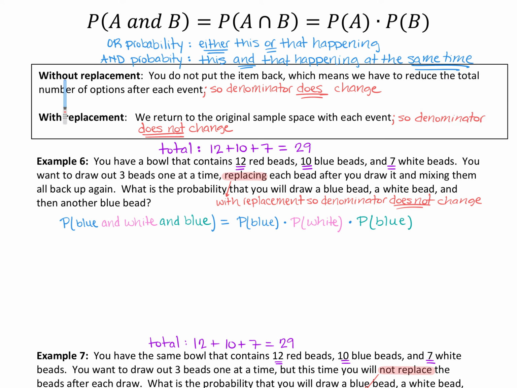One is without replacement, so you don't put the item back, which means the denominator, when you're figuring out your probability for the total on the denominator, does change. And then with replacement means you put the item back, and so the denominator does not change.